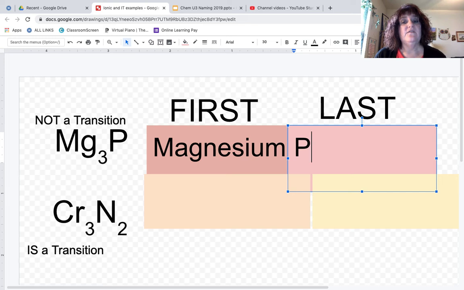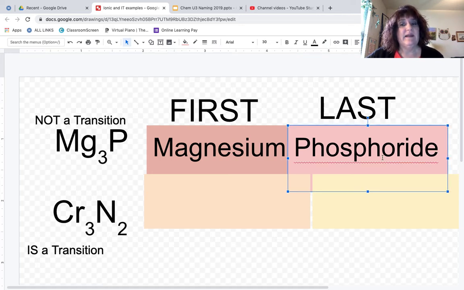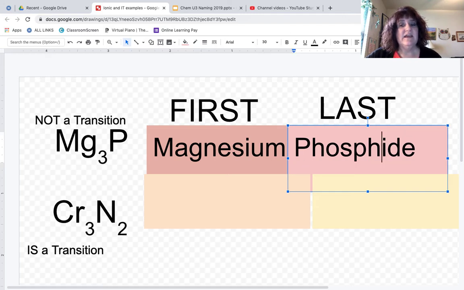So we want phos for ide. Instead of phosphorus, we want phosphoride, right? It's got a new suffix on the end. Sometimes we'll even take out the O and leave it as phosphide instead of phosphoride, okay?